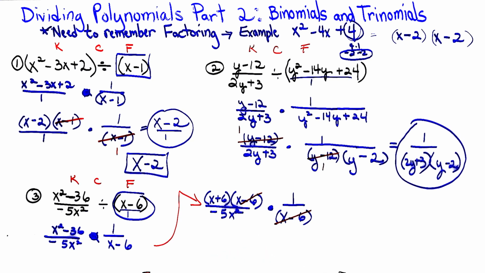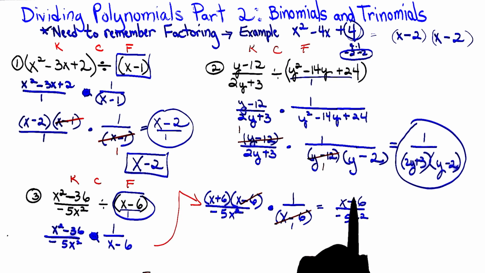There it is. So when we're looking at this, we end up with, when we multiply x + 6 times 1, it's x + 6. And a -5x², and this would be a 1, would be a -5x². So that actually is our answer. Because there is a plus sign, we cannot simplify further.